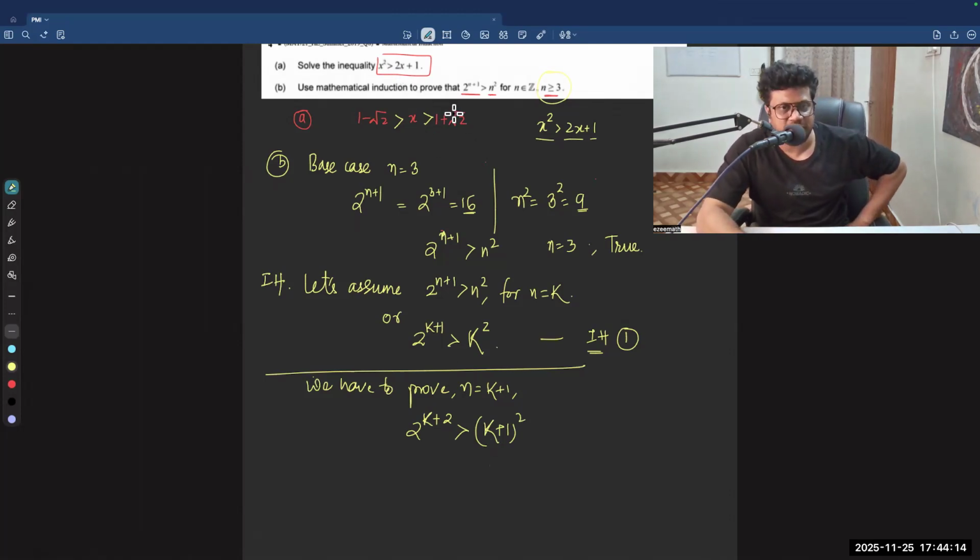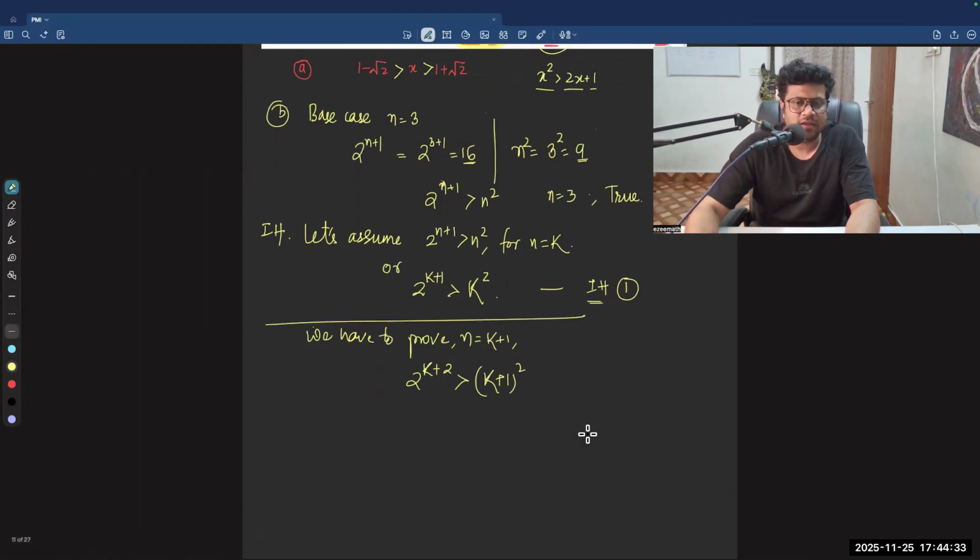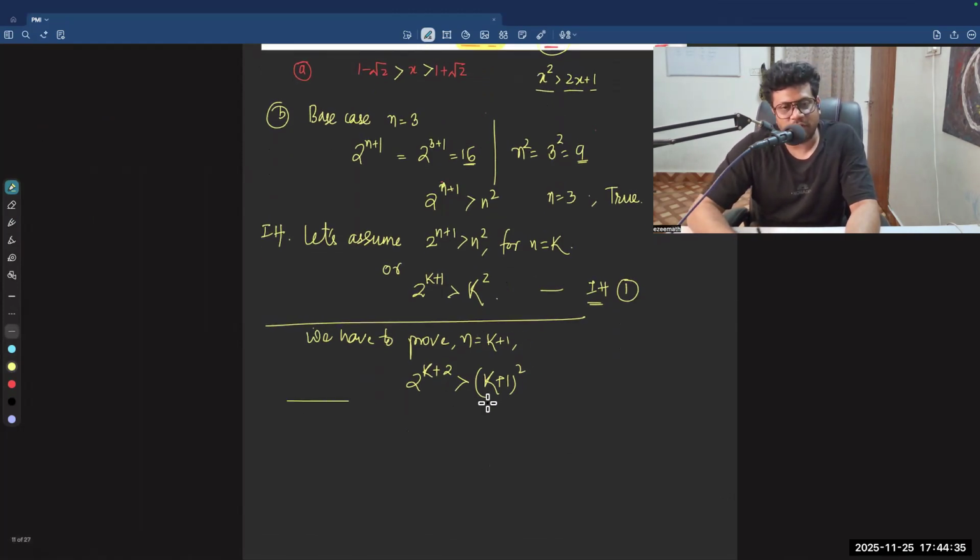Well, in the expression out there, I substitute k plus 1 in place of n. When I do that, I end up with 2 to the power of k plus 2. And on the right, I'm going to end up with k plus 1 whole square. Okay, fine. Well, this is what I want to prove. And this is what I've already assumed to be true.